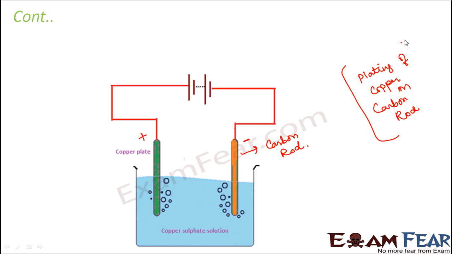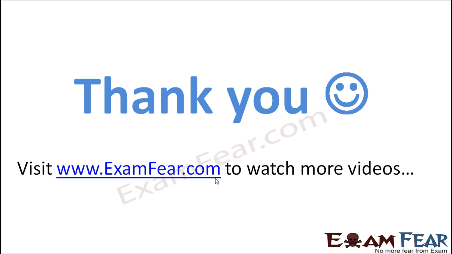So basically, in the process of electroplating, the metal which is on the positive plate will go and get deposited on the negative plate. That is the net result. So you have to remember that, and accordingly you have to decide which metal should form the positive electrode and which metal should form the negative electrode. So I hope you would have understood the process of electroplating and you saw how advantageous it could be in a lot of things. Thank you.